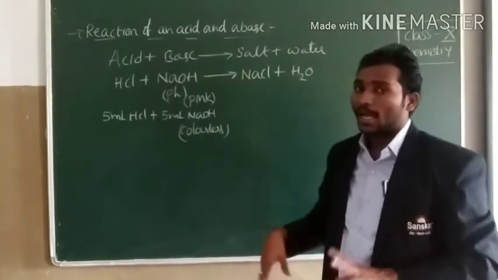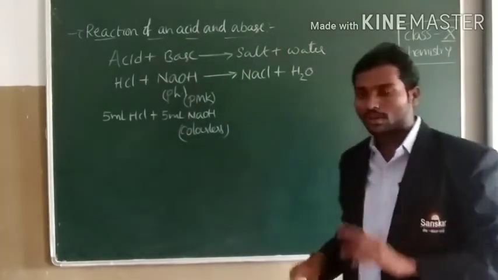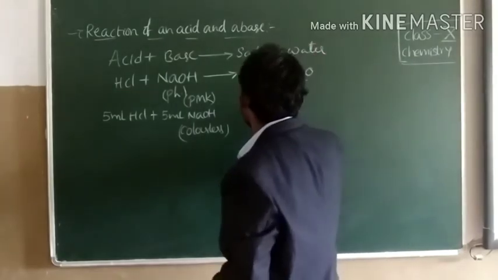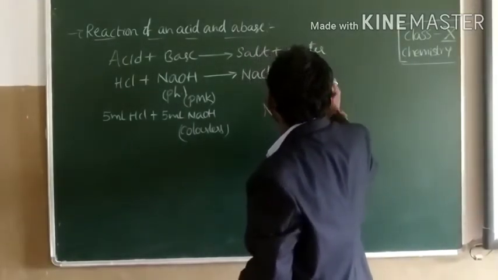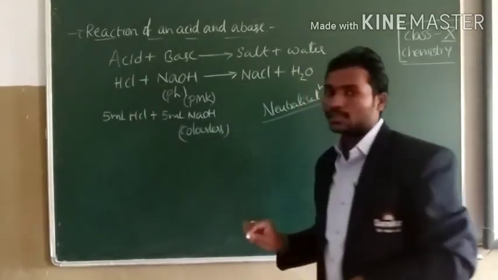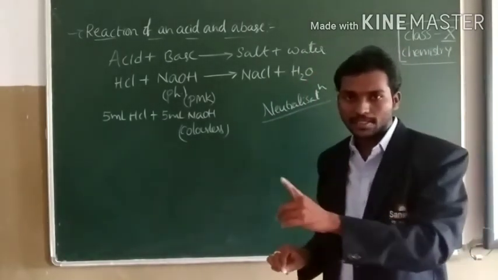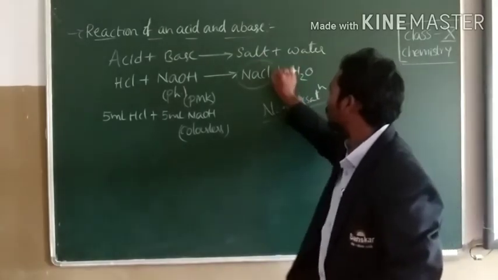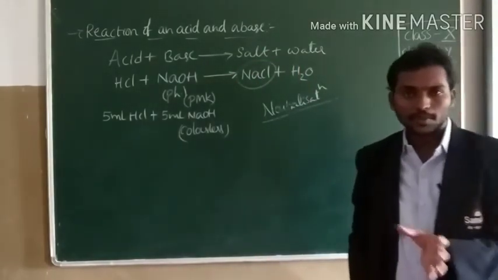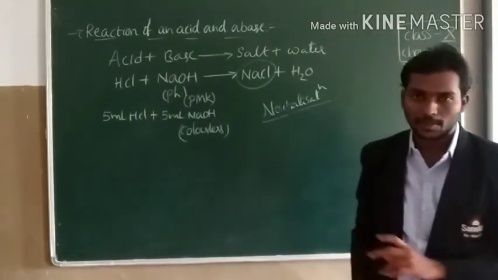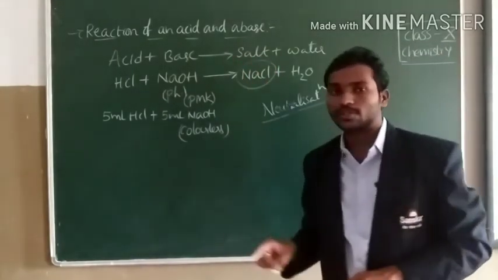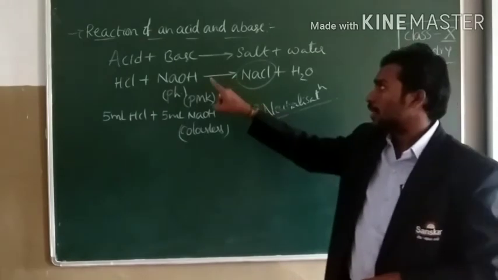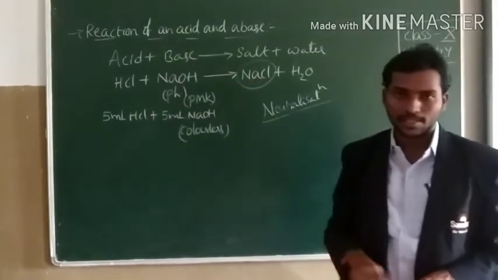Then a neutralization reaction has taken place between acid and base. That's why acid-base reactions are also called neutralization reactions. The reaction between an acid and a base forms salt. Salt is nothing but a neutral compound or neutral substance, which is one of the products of a neutralization reaction.